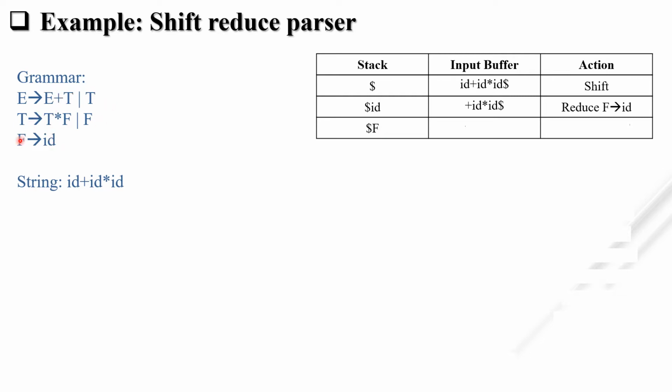So we have to replace this F with T, then T with capital E. So we reduce this F with T, and this T we can reduce with capital E, so that whenever we shift this plus onto the stack, when we get E plus T, we can easily reduce with capital E. If I perform the shift operation here, then F plus will be there. F plus is not anywhere in this grammar, so how can we reduce it?